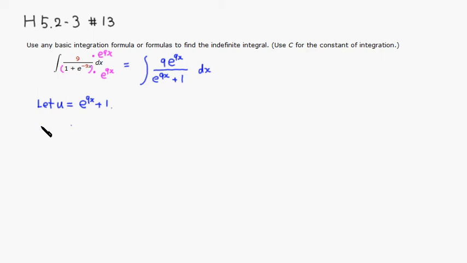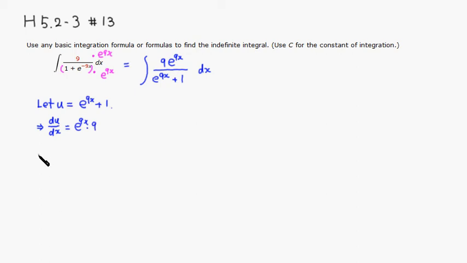So our usual drills: take the derivative, so you have du over dx. The derivative of e to the 9x would be e to the 9x, but because of the chain rule, multiply by the derivative of 9x, which is 9. And the derivative of 1 is 0, so you get that.